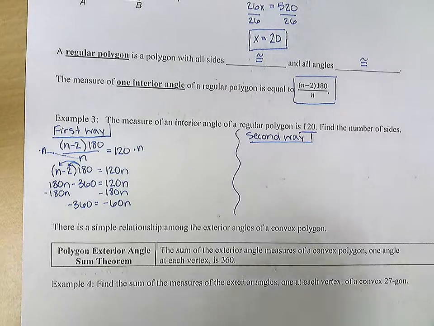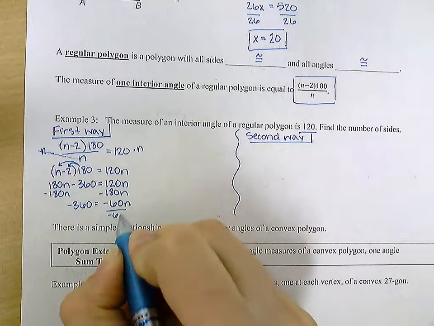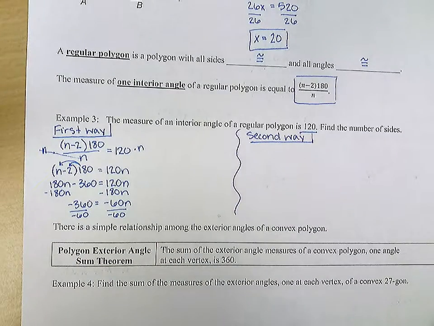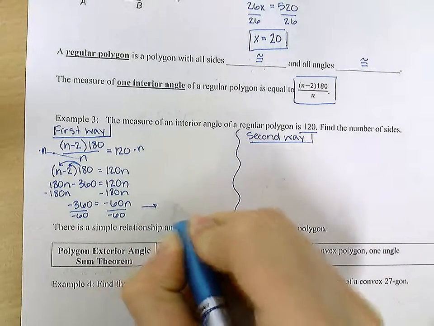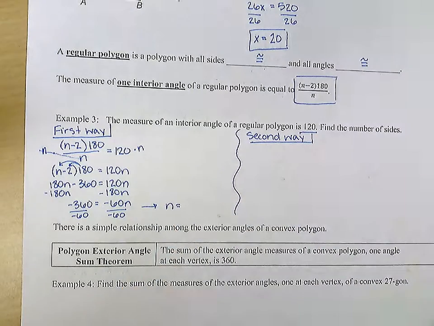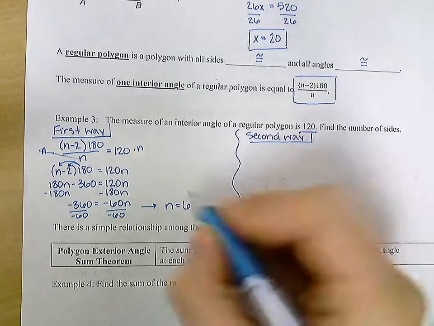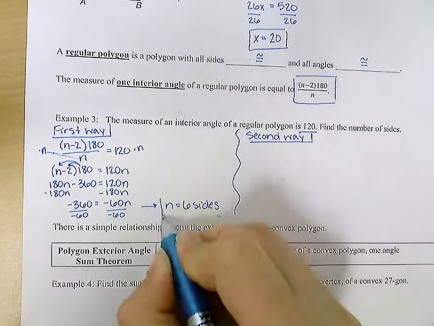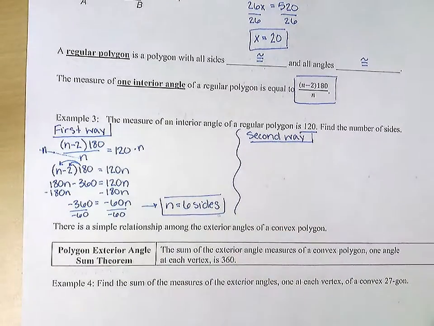Again, I'm just solving for n here. So I'll divide both sides by negative 60 to get n is equal to 6. Okay, meaning you have 6 sides if one interior angle of a regular polygon is 120 degrees.